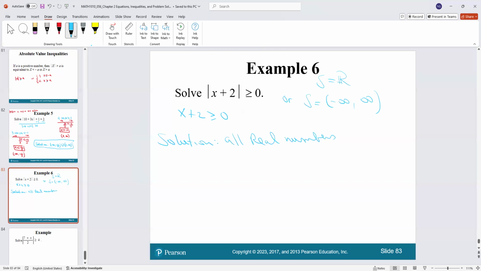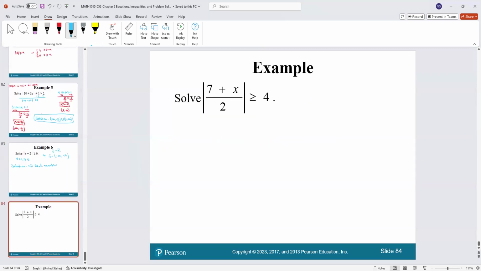Any value for x we substitute into this inequality will give a true solution. Either you include a negative number or a positive number, all of them would be greater than or equal to 0. So negative 2 would give you definitely 0, but after that, any number you enter there would be greater than 0. That's why we don't need to do that, because all absolute values are non-negative.